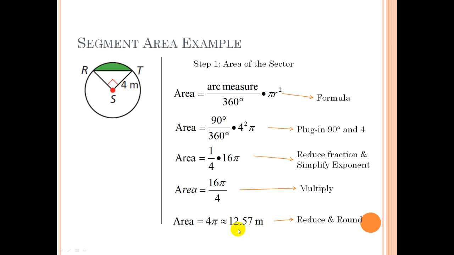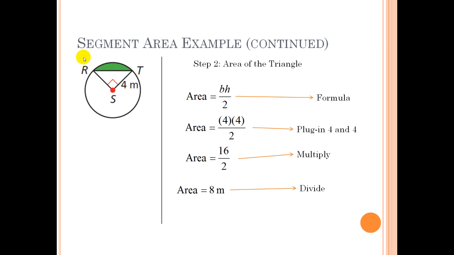And I'm going to leave it in the rounded form because when I take the next step, which is to find the area of that triangle, I'm going to need to have it rounded so that I can subtract them. So step 2, take that same little triangle there, triangle RTS, that right triangle. Area of a triangle is base times height divided by 2.